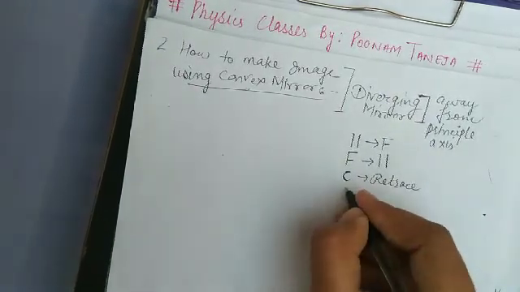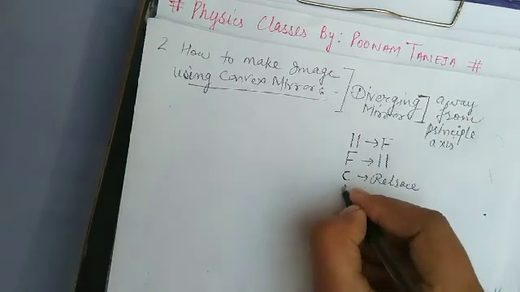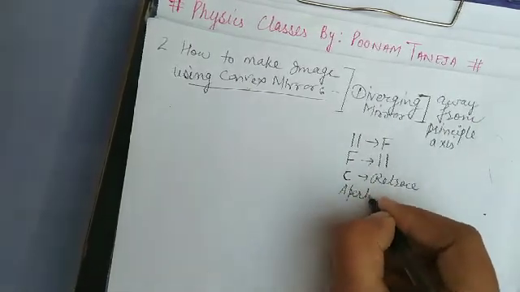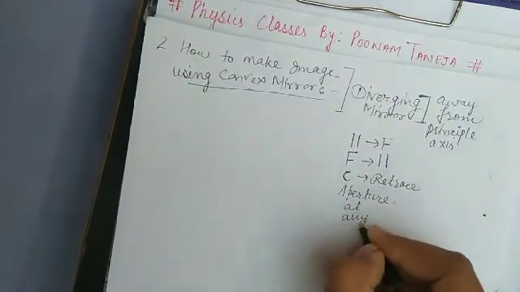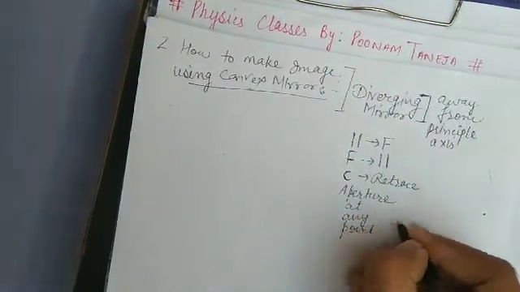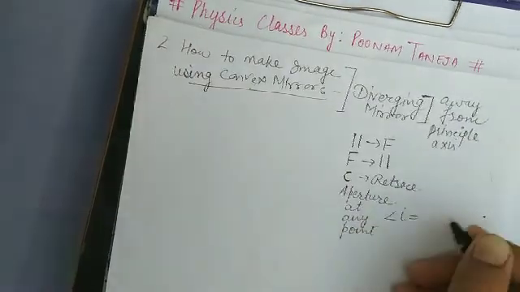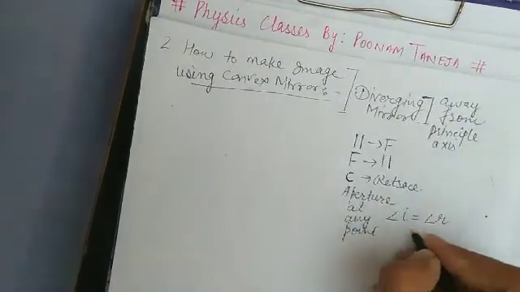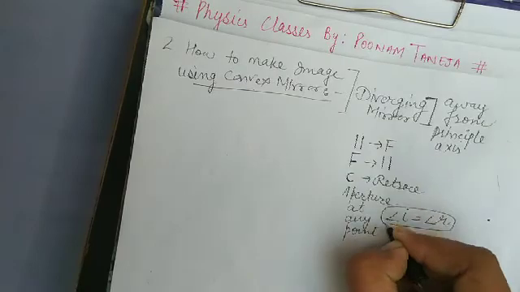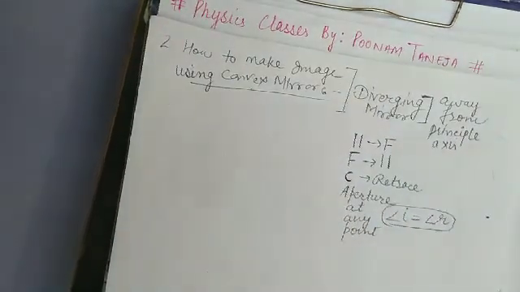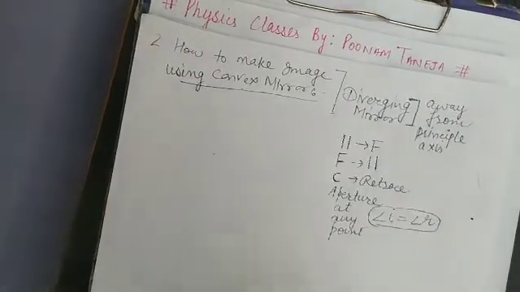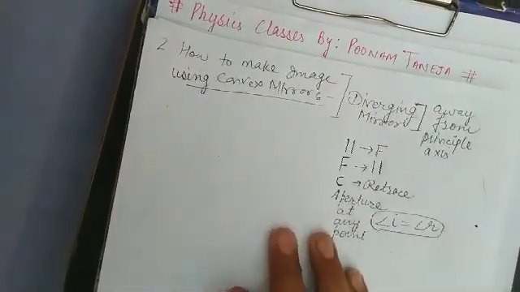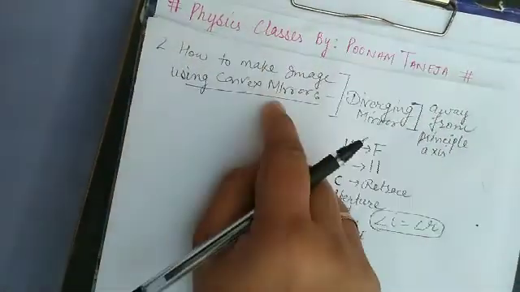And the last one, if it is incident on the aperture at any point, then you have to follow the law of reflection, that angle i equals angle r, angle of incidence equals angle of reflection. So these are certain points that we have to follow while making an image using a convex mirror.